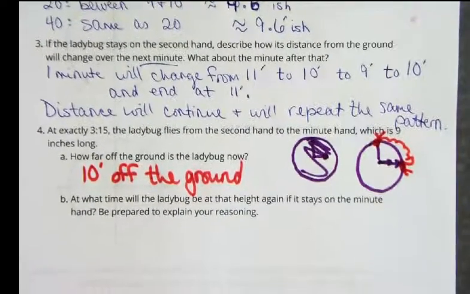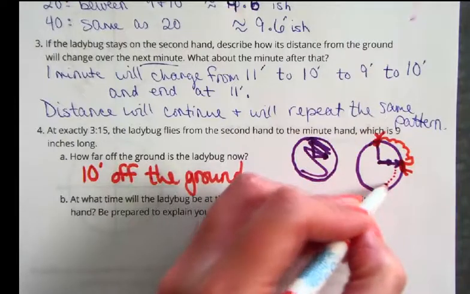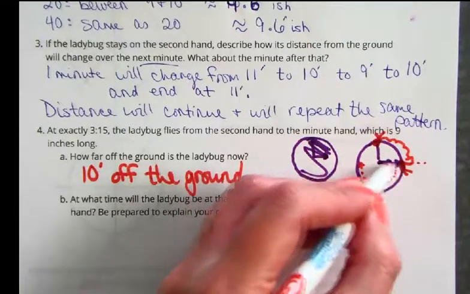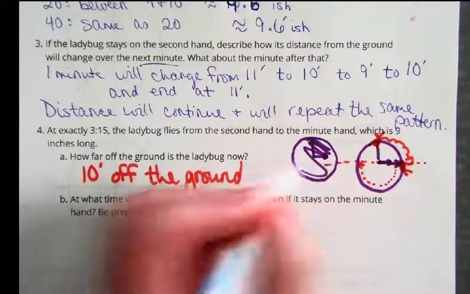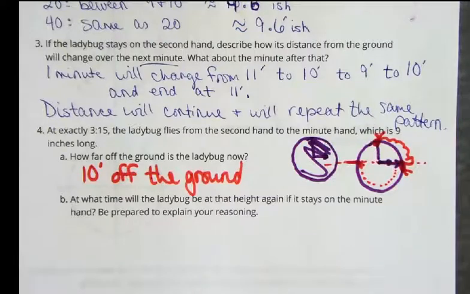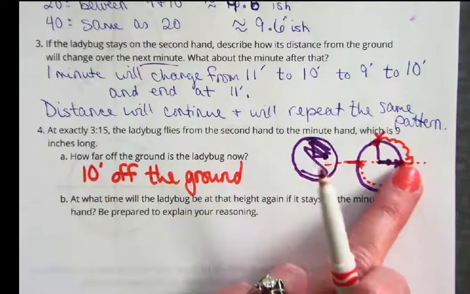And at what time will the ladybug be at that height again if it stays on the minute hand? So this time our minute hand now needs to go around here. And at this point, it will be at the same height off the ground. So right here, and now we're talking about the minute hand, so it was 3:15 over here.